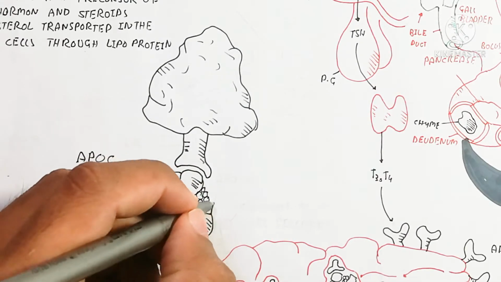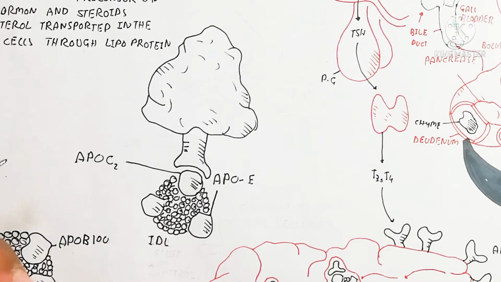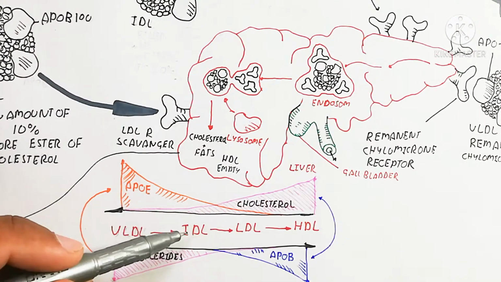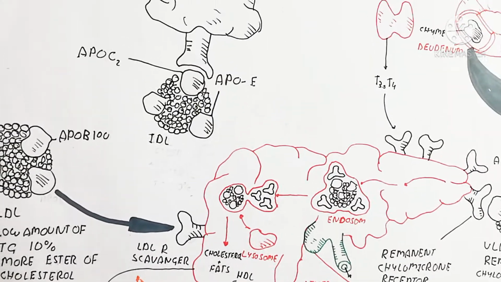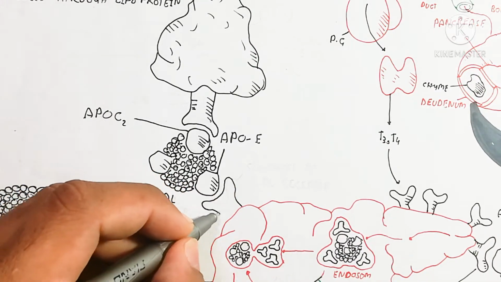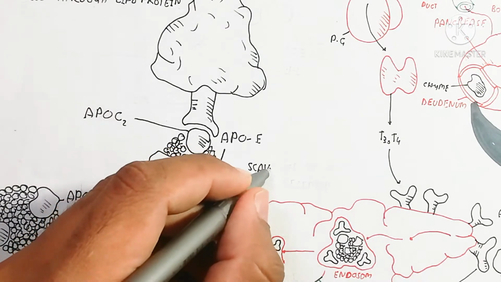So here is basically the adipose tissue, which binds with the ApoC2 site to donate the triglyceride. That is known as the IDL. IDL is filled with cholesterol, and triglyceride is still decreased to 20%. Why?